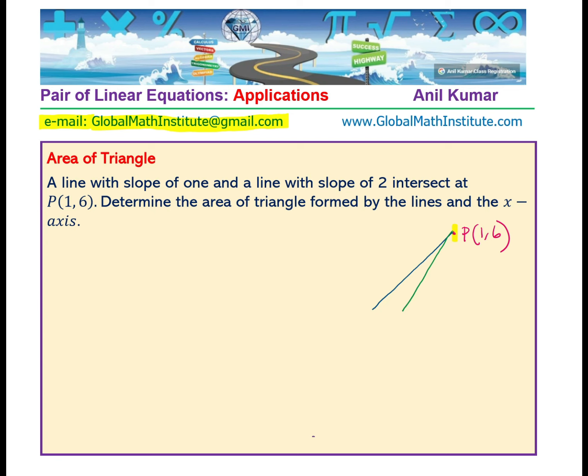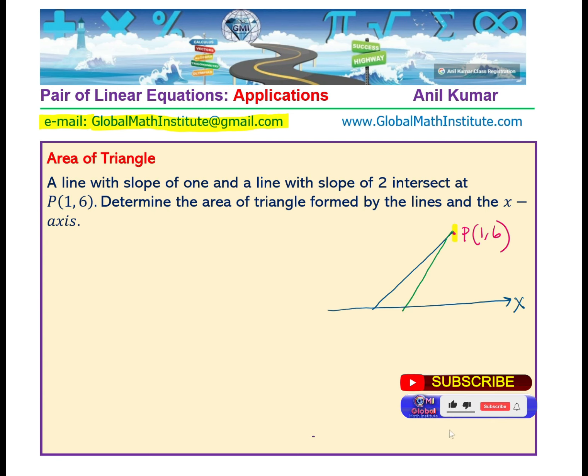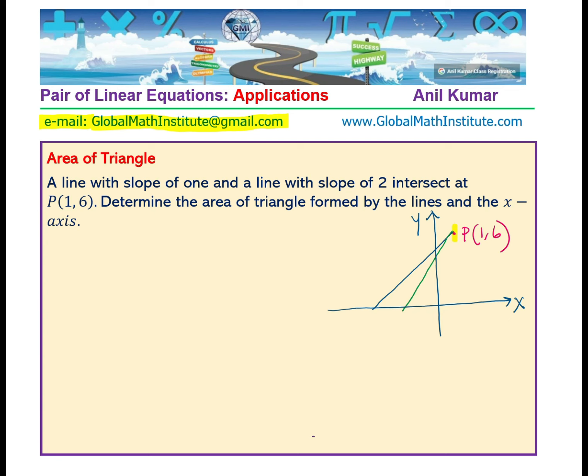So what we are going to do is we just draw a line here saying that this is the x-axis. We don't know where the y-intercept is, so we'll just draw a y-axis. These lines have been drawn only for your clear vision of what we are trying to do. However, the concept is very simple.